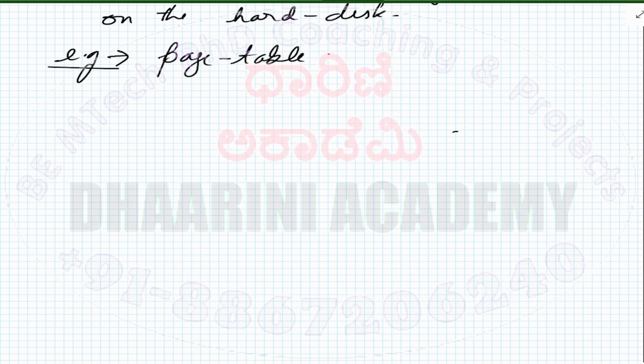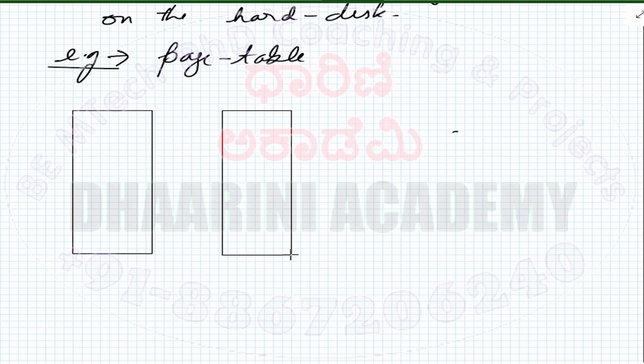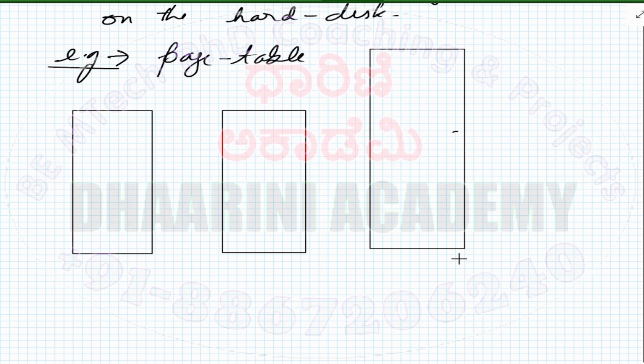Let us consider that there is a logical memory. The first part of the diagram will be the logical memory. Corresponding to the logical memory, I can have what is called a page table. Let me write a page table over here. Then you need the actual physical memory for representation.